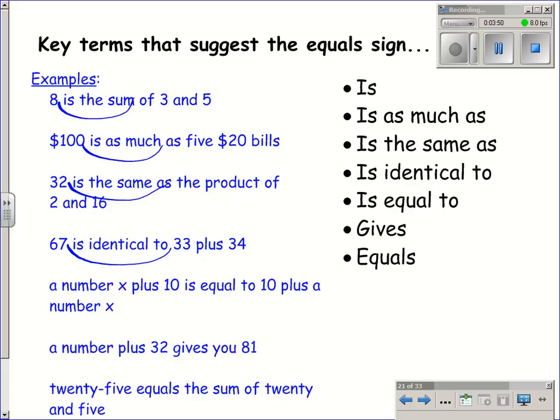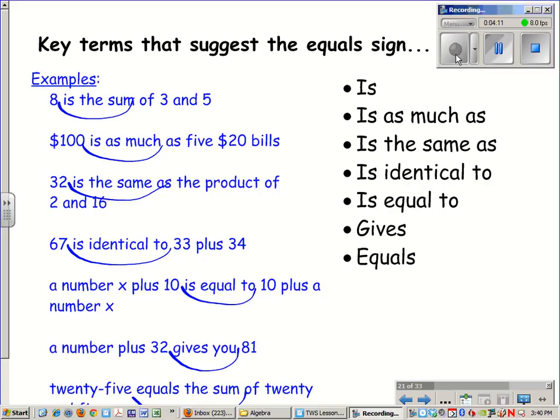A number x plus 10, and in this one they say "is equal to," so you know right there what expressions would go on each side. A number plus 32 gives you 81, and 25 equals the sum of. So recognizing these in written statements will help you determine expressions versus equation.